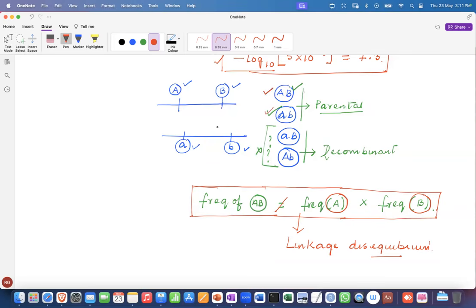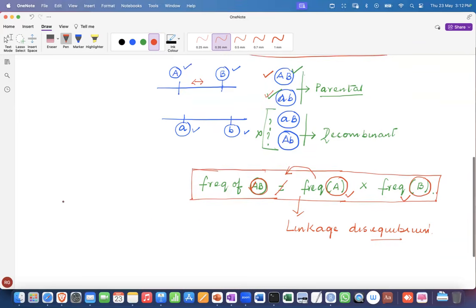See, the problem is, if the frequency of this increases, when will this increase? When there is strong linkage between these two. And when there is strong linkage, this will increase, and the product of the normal allelic frequencies that you expect will not be the same as your gametic frequency.